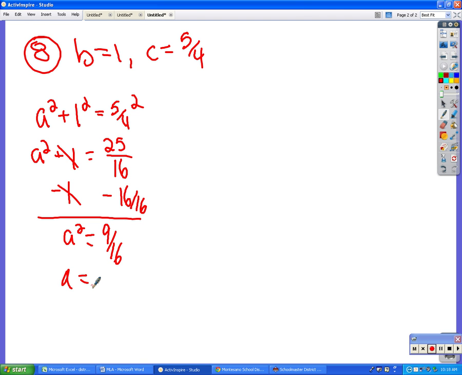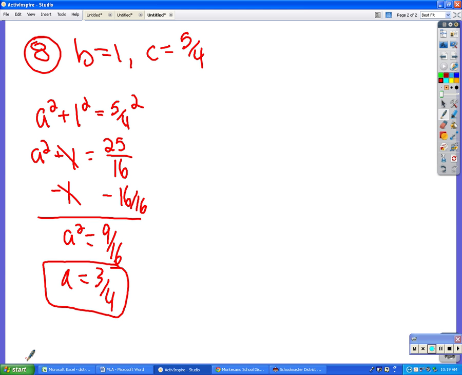And so, if a squared is 9 sixteenths, then a is what? 0.75 or 3/4. Okay? Anything else?